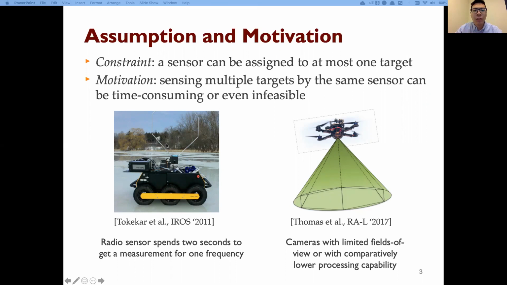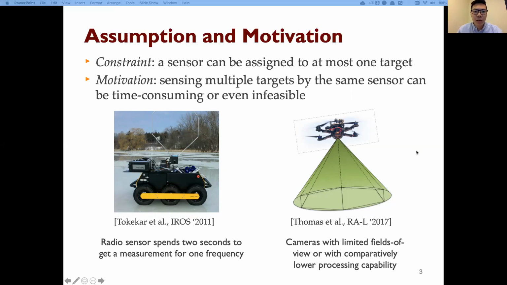So tracking multiple targets by the same sensor can be time-consuming. Also, if the sensor has a limited field of view or low processing capability, it's very difficult for a single sensor to track multiple targets. So we consider assigning a set of sensors to track each target. In this way, we can reduce the task load of individual sensors for better tracking performance.